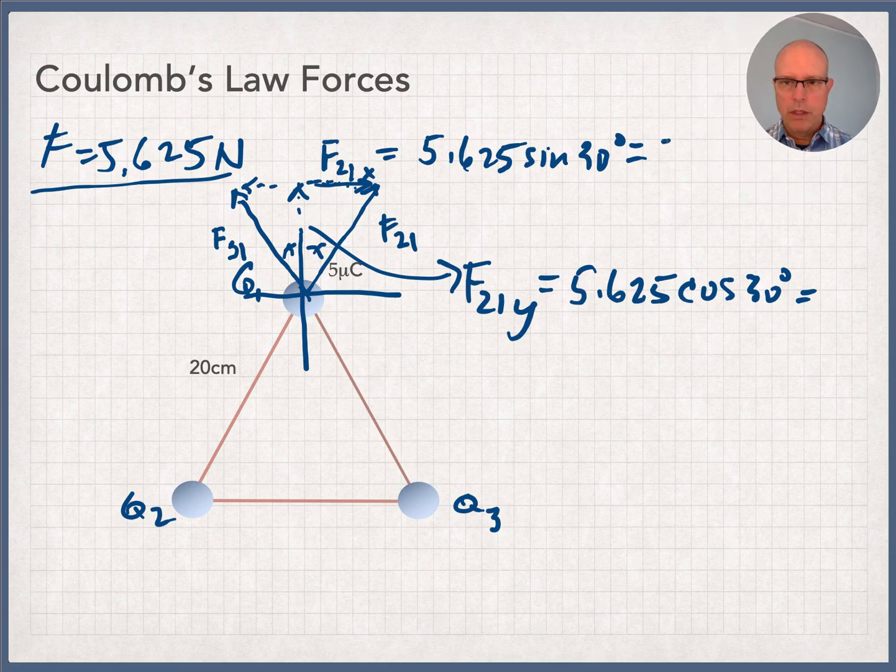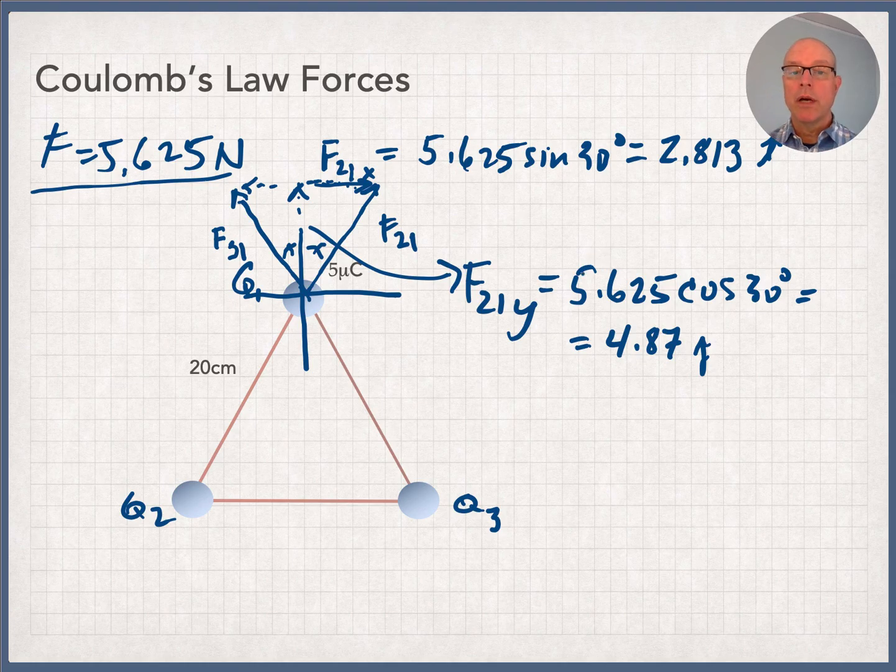So this one right here is 2.813, and that will be in the positive i direction. This guy right here is going to be 4.87, and he is going to be in the positive j direction.